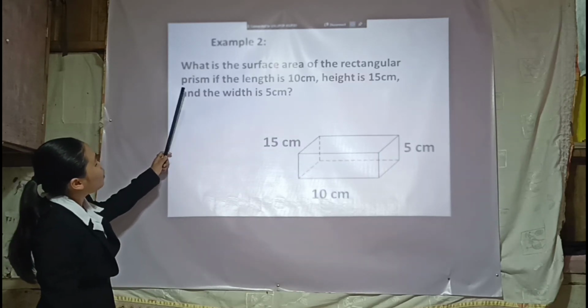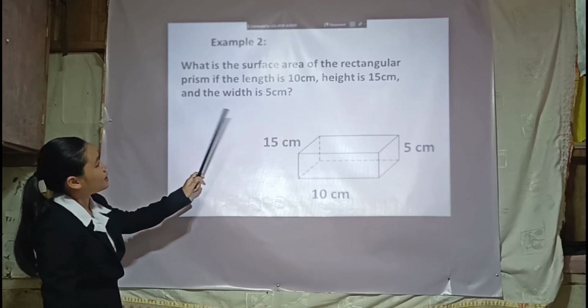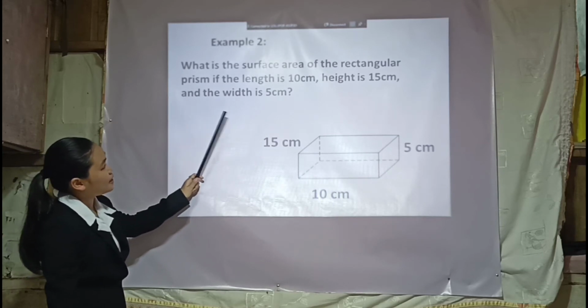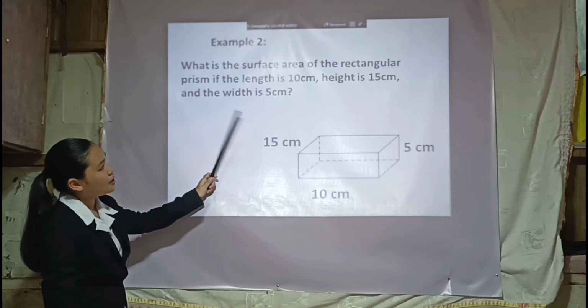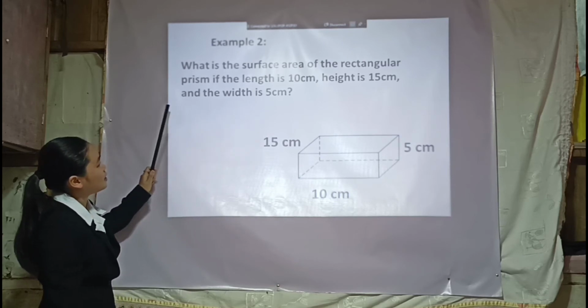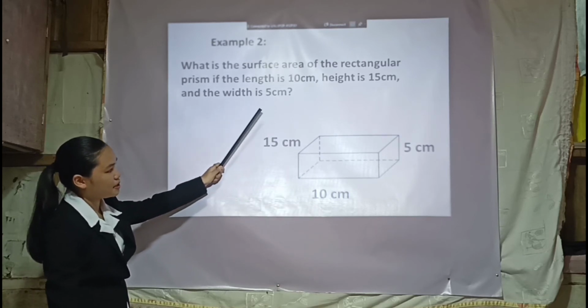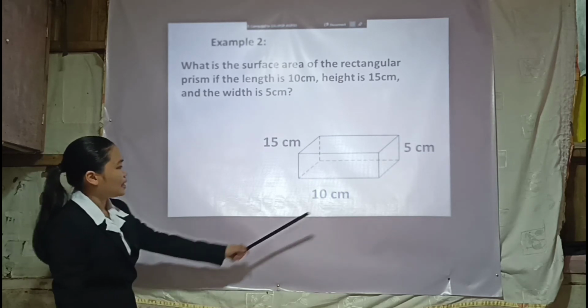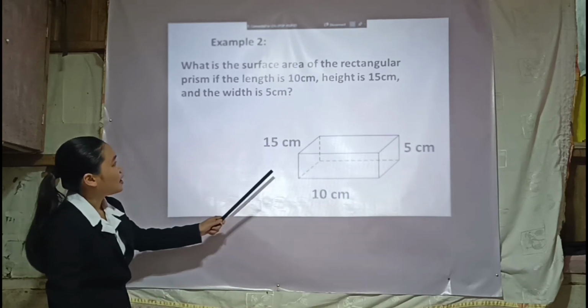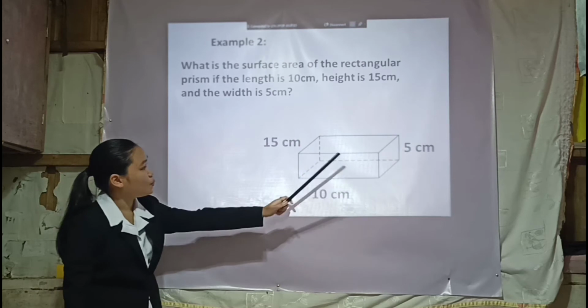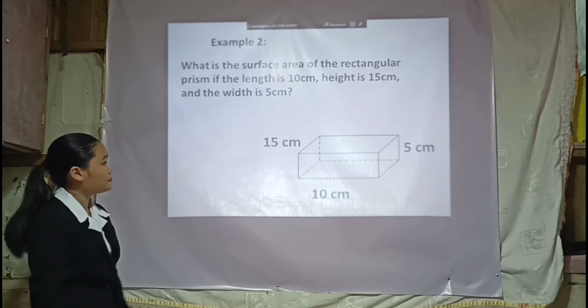Example 2. What is the surface area of the rectangular prism if the length is 10 cm, height is 15 cm and the width is 5 cm? So the length is 10 centimeters, height is 15, and the width is 5 centimeters.